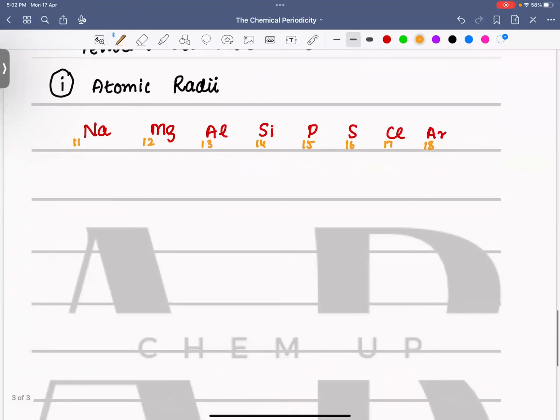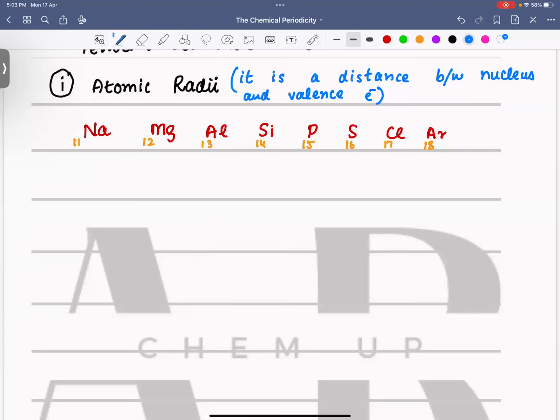Okay. So first, let's talk about the atomic radii. I can say that it is a distance between nucleus and valence electron, right?